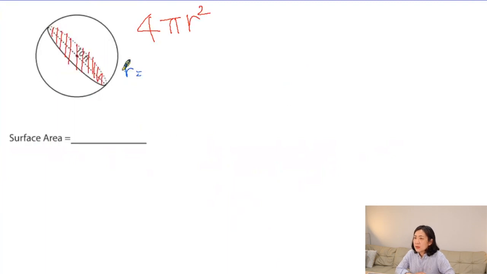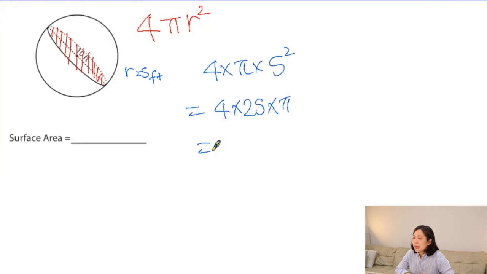So now it's 5 feet. Now 4 times pi times 5 squared will be 4 times 25 pi, which is 100 pi. Then use your unit, that's feet, so square feet. So 100 pi square feet will be your answer.